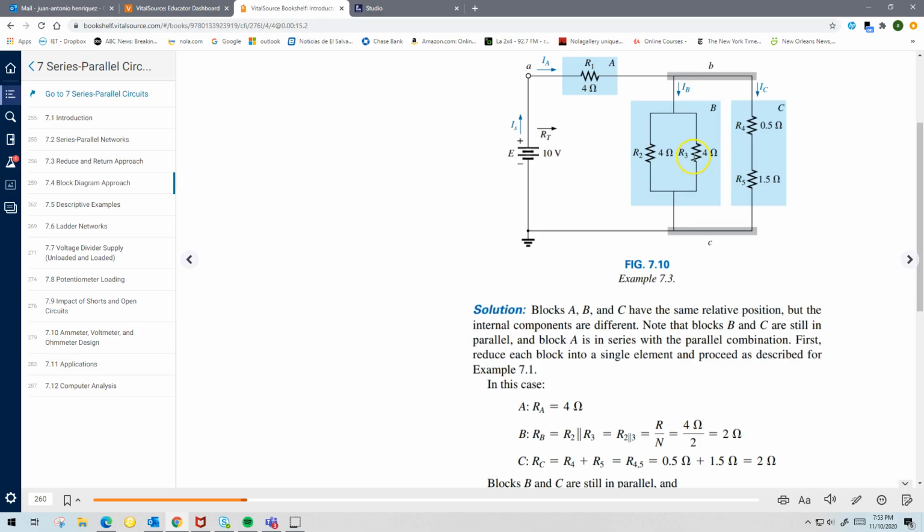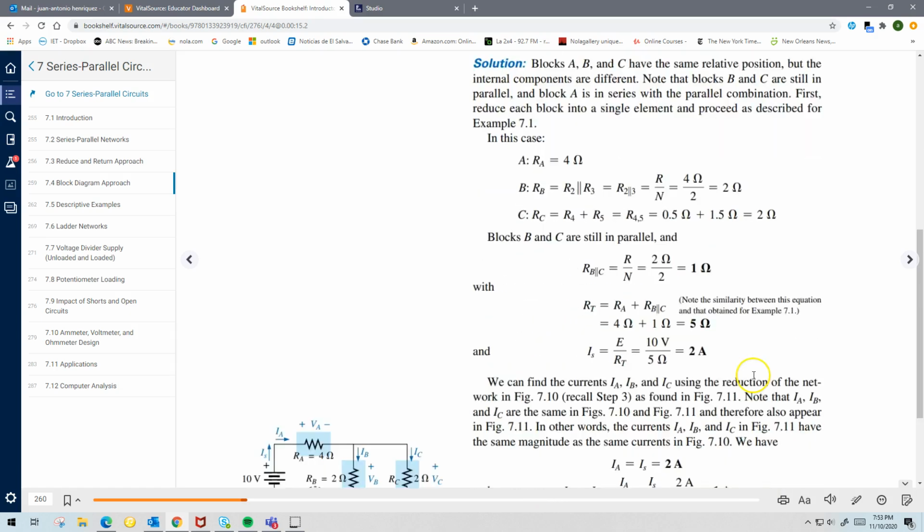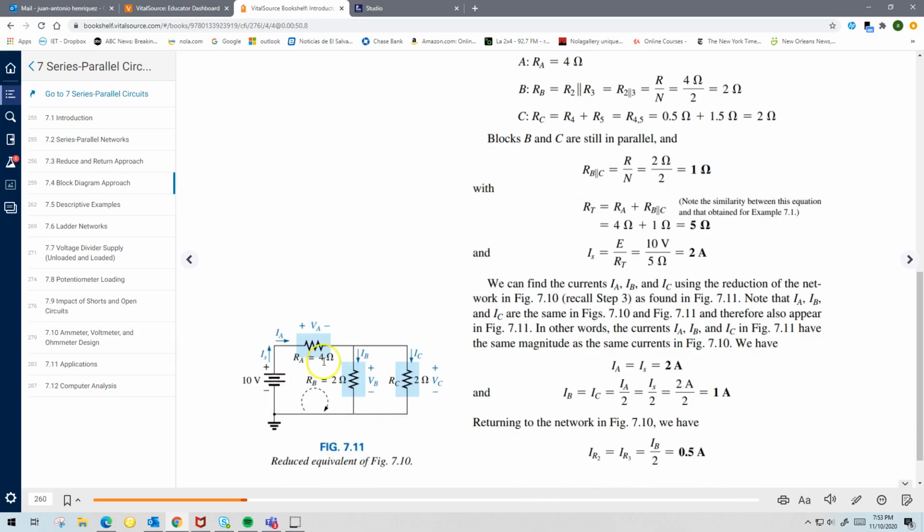So in this case, it's 2, right? In other words, it's 4 times 4 divided by 8, and gives you 2. So this block gives you a 2 ohm resistance, and this one will also give you a 2 ohm resistance, because when you add 1.5 to 0.5, you get a resistance for C of 2 ohms. And then there you have it.